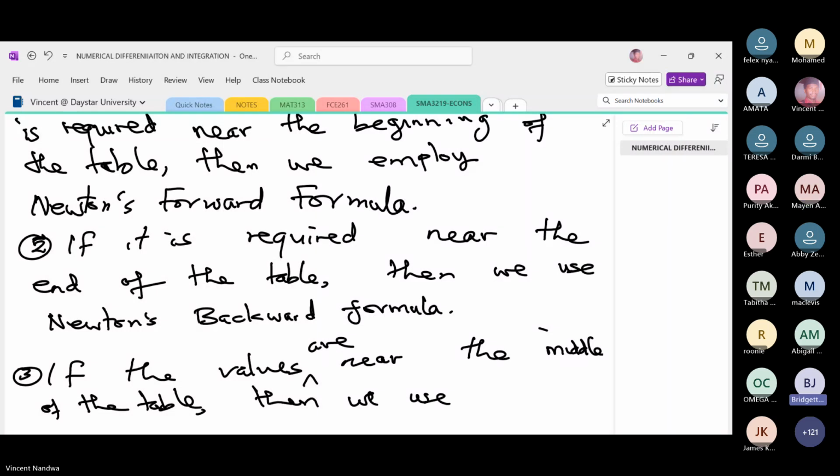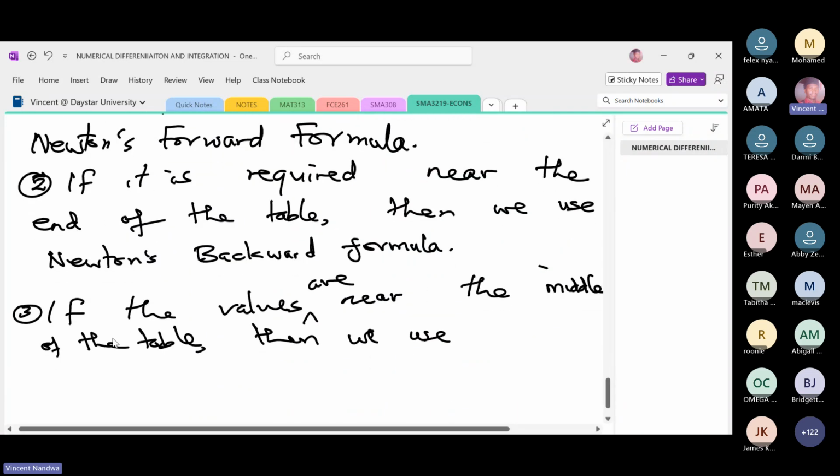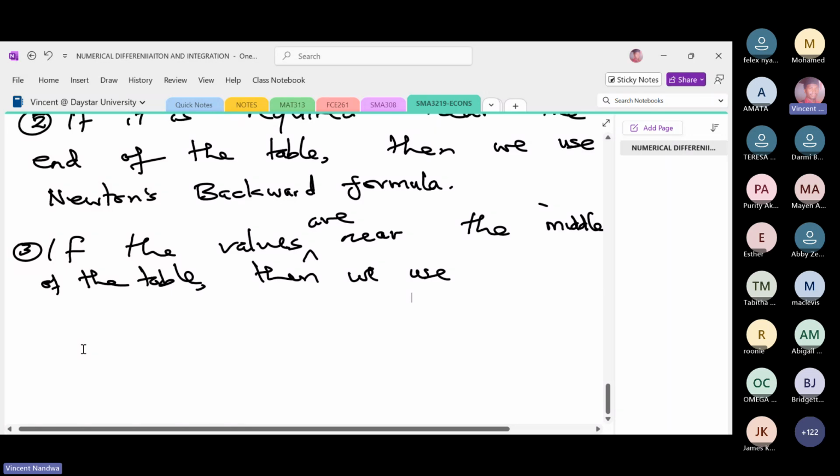Stirling and Bessel. Yes, we use either Stirling's or Bessel's formula, because those are the ones used to do the interpolation near the middle.